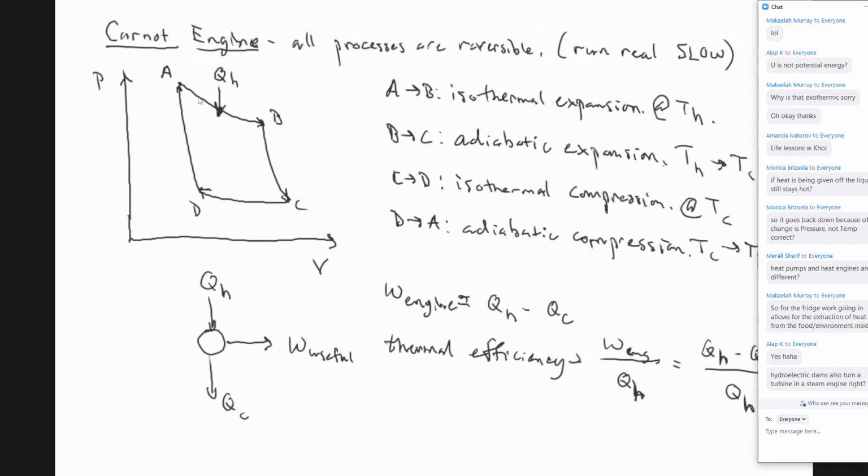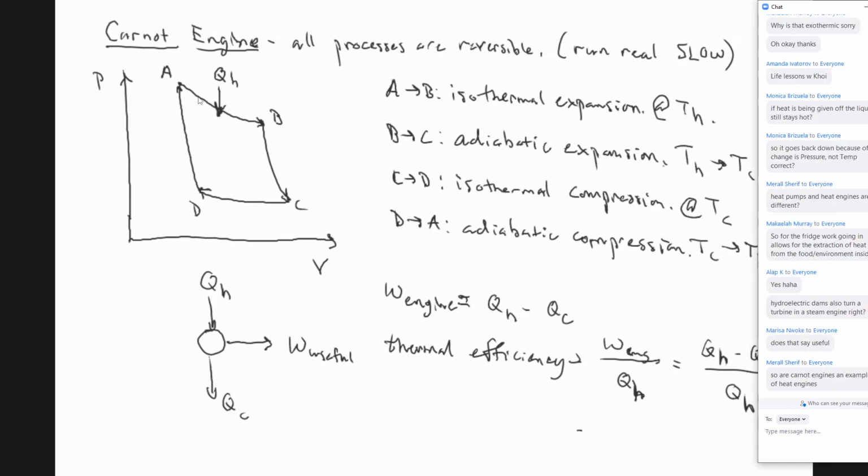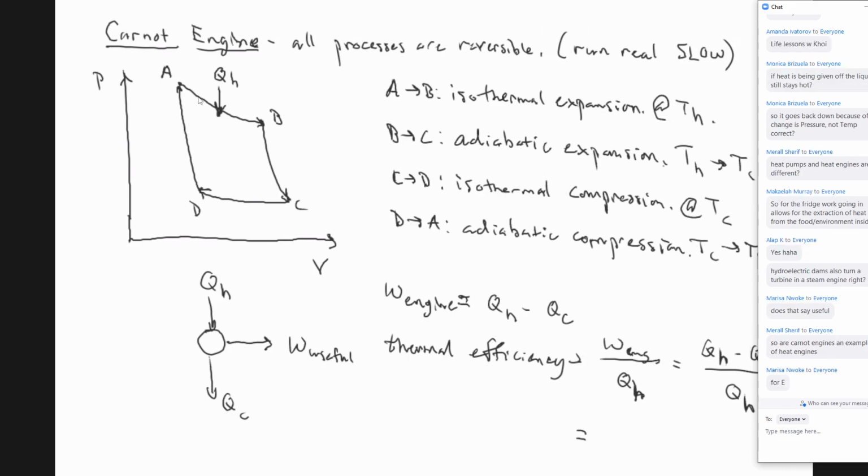H stands for hot, C stands for cold. That's the heat in and heat out, roughly. Okay? It's not really cold, it's just colder than what we put in. So we can say that, yes, it's useful work.